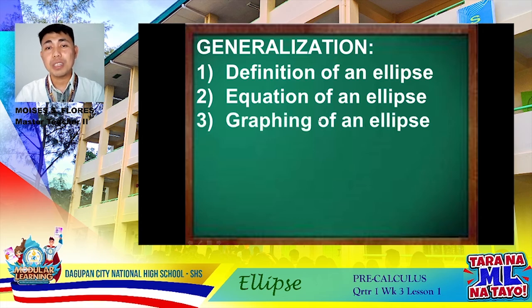And lastly, we have discussed our procedure or steps in graphing an ellipse. We simply start analyzing what type of ellipse it is, either vertical or horizontal, considering our center, our major, our minor, our LR, and then of course our values of A, B, C, D, and E.